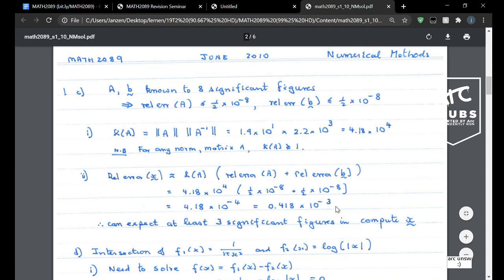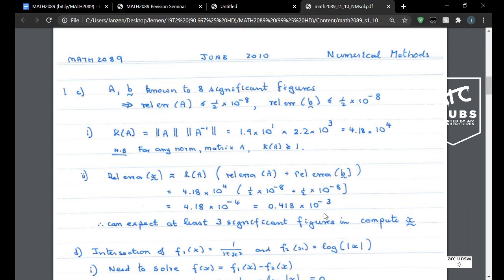We add them together, and then we multiply it by the condition number, which gives us the relative error. Because this value here is less than 0.5 times 10 to the power minus 3, we can say that we expect at least 3 significant figures in the computed solution X.